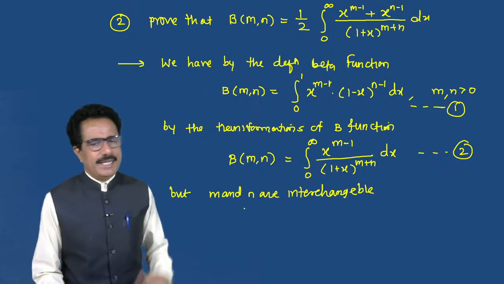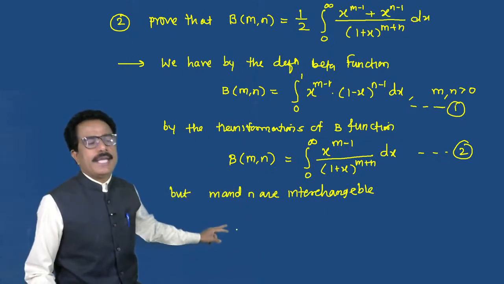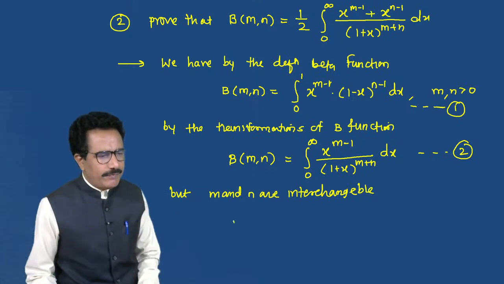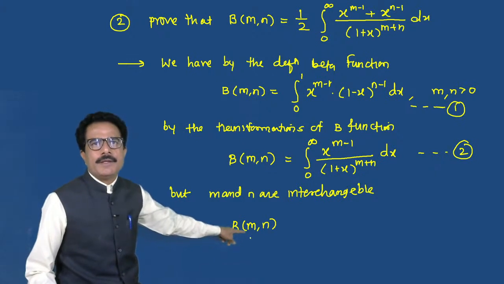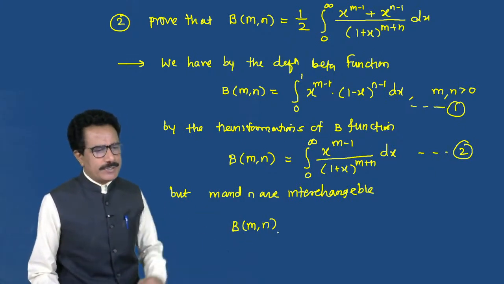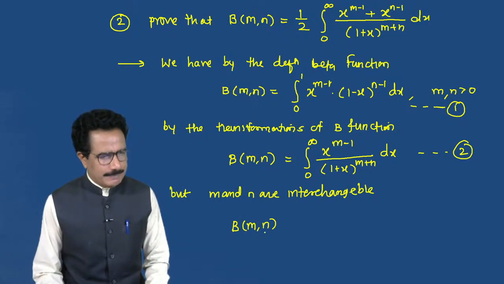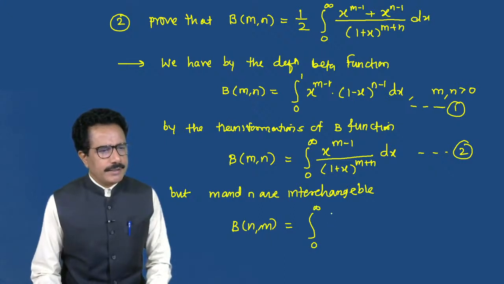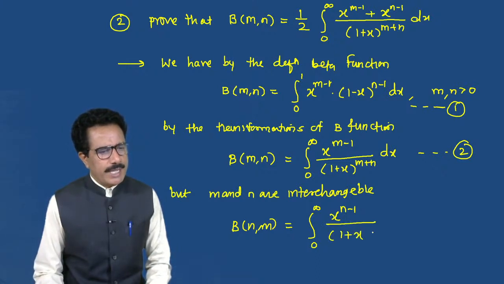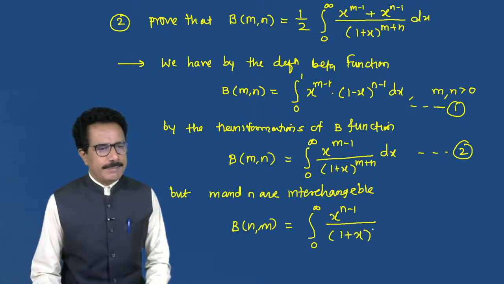So we can write beta of n comma m, which means beta of m comma n. We can write n comma m, and again put m comma n. So beta of n comma m is equal to the integral from 0 to infinity of x raised to n minus 1 divided by 1 plus x raised to n plus m.